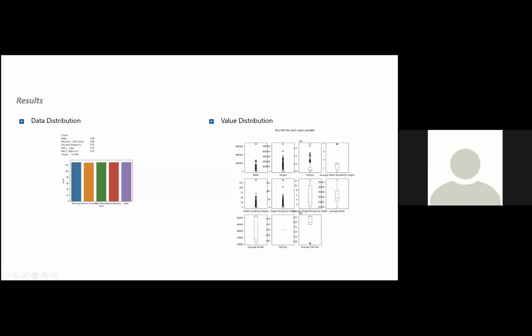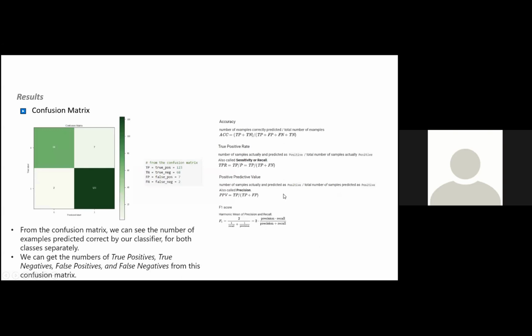In this way, we identified the outliers and removed the points, and we also plotted the confusion matrix, which talks about true positives, true negatives, false positives, and false negatives. From this confusion matrix, we can see the number of examples predicted by our classifier for both classes.